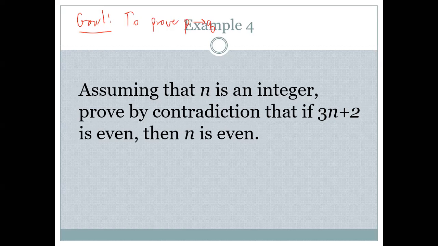But contradiction is kind of a different animal. You start with something and use that as your starting point, but you don't really think of that as necessarily being true. I think this is where people get tripped up.